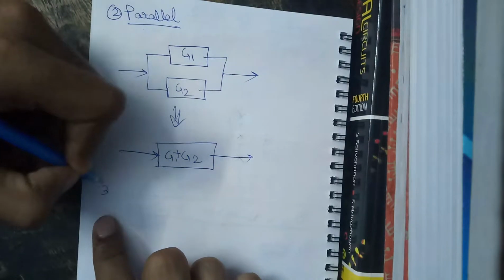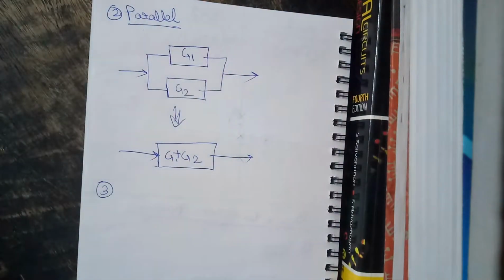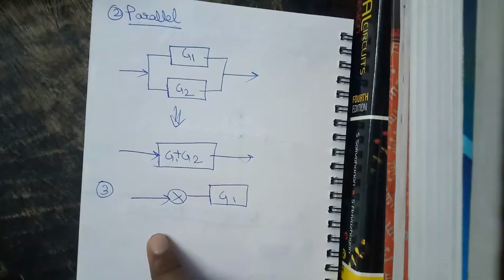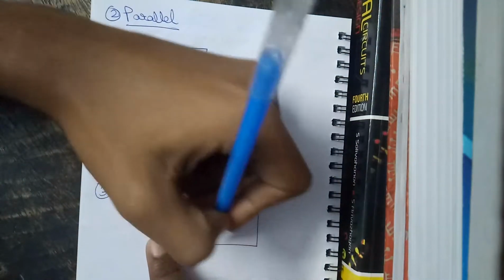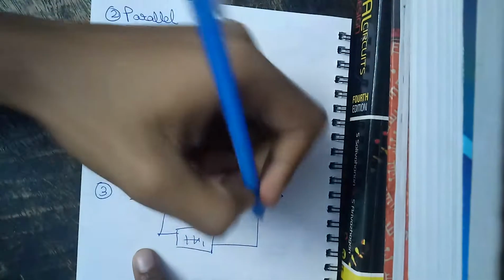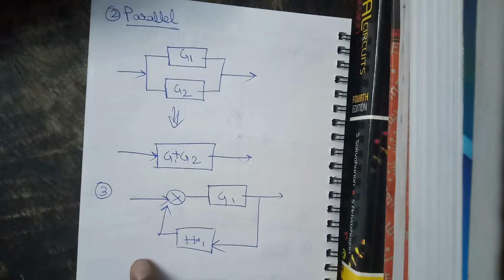So number 3 is the rule of feedback. Suppose there is a transfer function g1, and h1 out here.